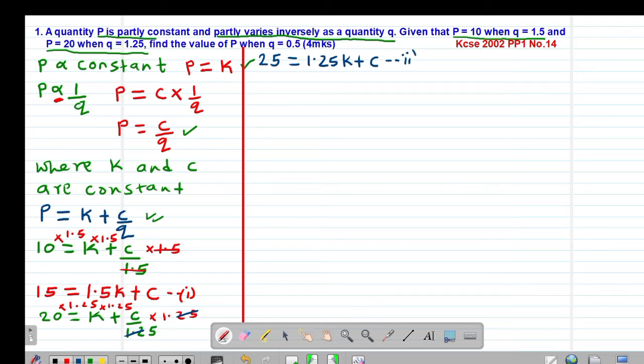Then from there, to find the value of K, remember these equations are simultaneous, so I'm going to use the elimination method.